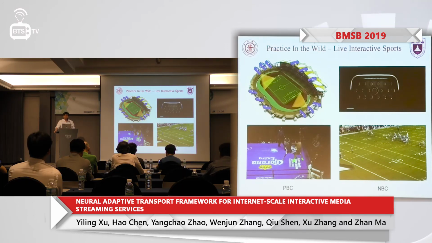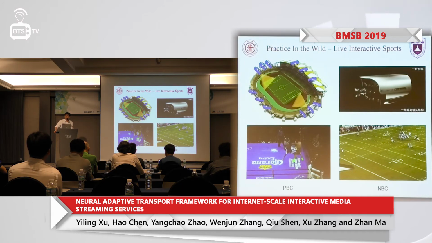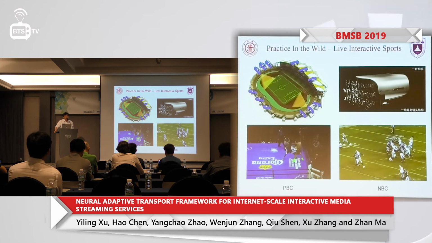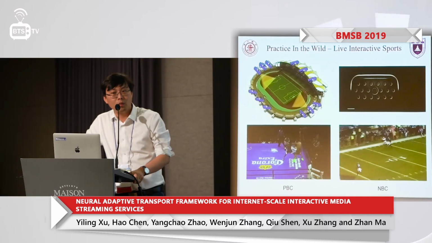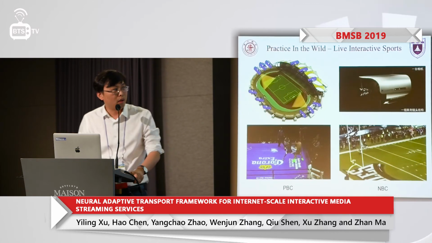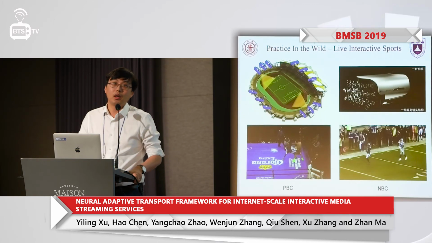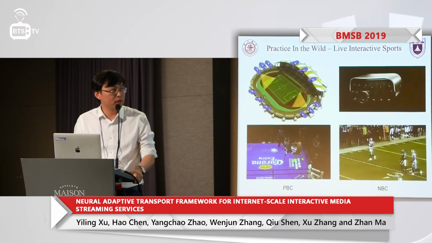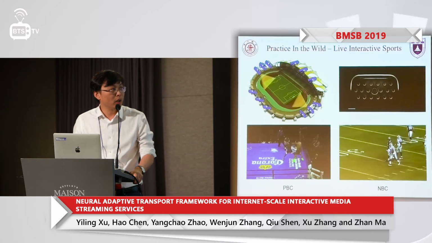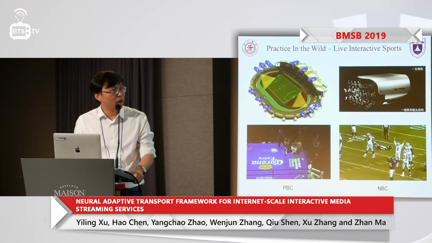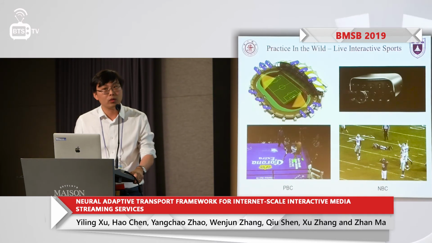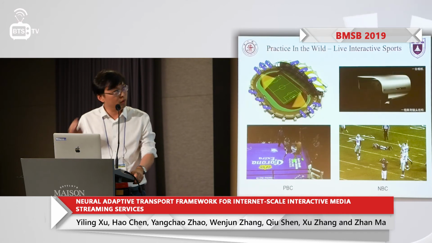But at that time, we were only using 1 gigapixel camera, so you can see the navigation, but not the 360 around. So right now, we are working with the Olympic Committee to stream and broadcast the coming Winter Olympics in Beijing. There we try to use these facilities, and also our neural adaptive transport.